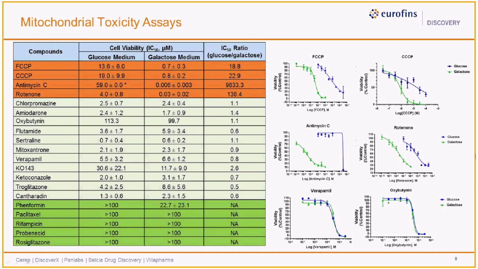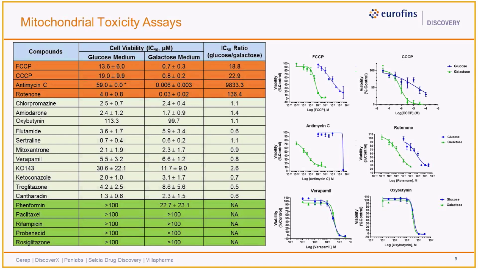For example, FCCP, which uncouples mitochondrial oxidative phosphorylation from ATP synthesis, showed almost 20-fold shift of the IC50 in this assay. Antimycin C, which inhibits complex 3 cytochrome C reductase in mitochondria, showed over 1,000-fold change of IC50.